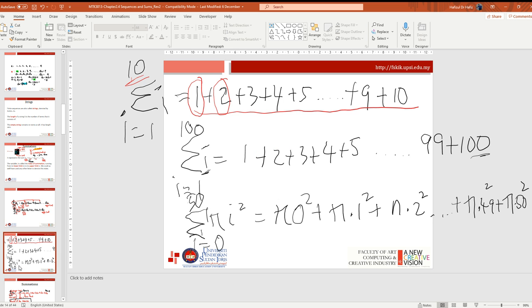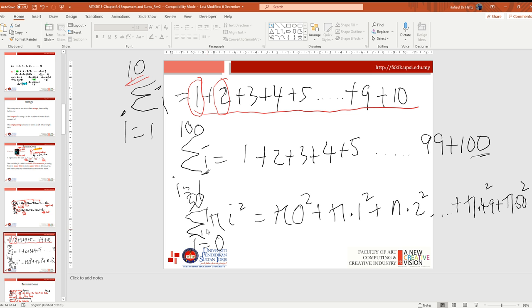This one is another example. If you have i equal to 1, you start from 1 until 10, the maximum is 10. If you have 100, it is until 100.